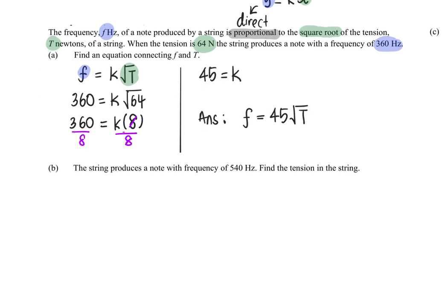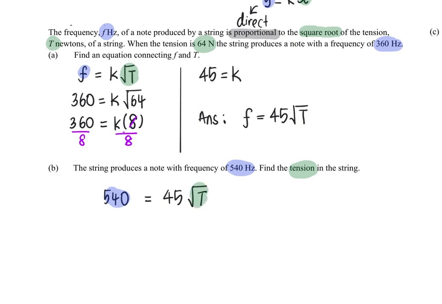And with this equation, I can then find the tension where the frequency is 540. So I'm going to substitute f as 540 equals 45 multiplied by the square root of t. Again, color code it so it's easier for you to see.